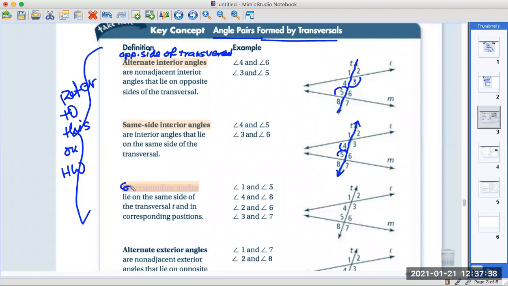This is called corresponding. With corresponding angles, one angle is inside and one angle is outside always. So 1 and 5: one is outside, one is inside, and they're on the same side of the transversal.